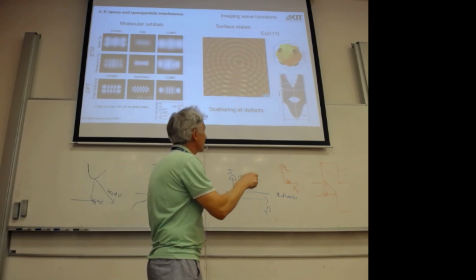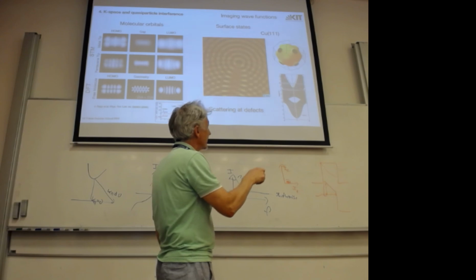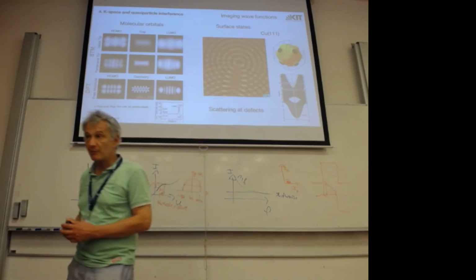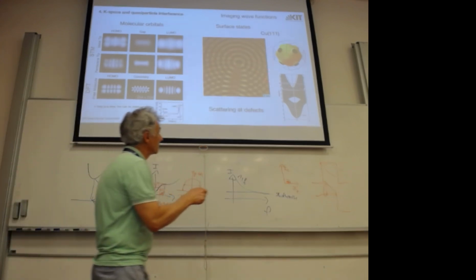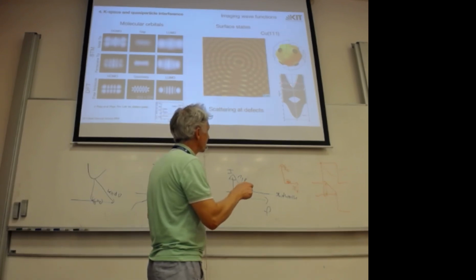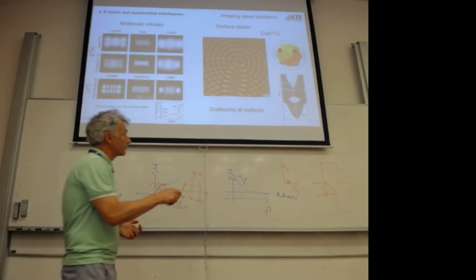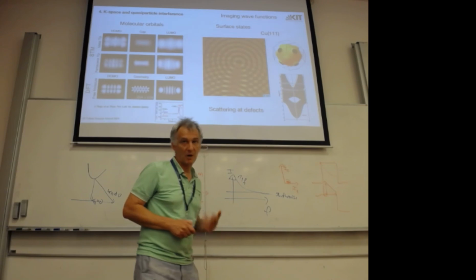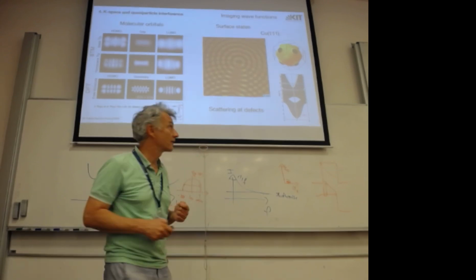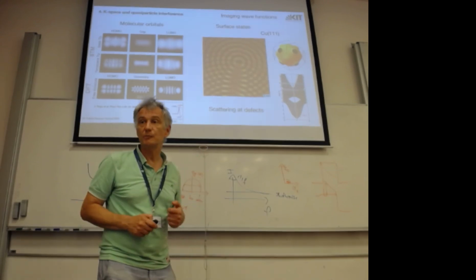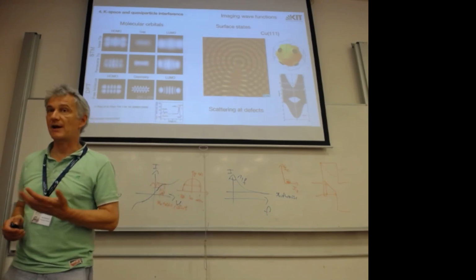And there's this gap in here, and electrons can live in this gap because, first of all, the Fermi energy is here, so they should be occupied. They cannot enter the crystal in this direction because the copper has no bands there, no states. And they can also not enter the vacuum, so they form a two-dimensional electron gas.